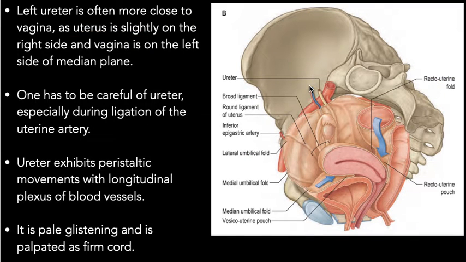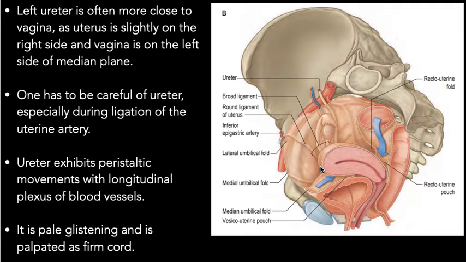The left ureter is more close to the vagina as the uterus is slightly on the right side, it is dextro-rotated, and vagina is on the left side of the median plane. One has to be careful of the ureter, especially during ligation of the uterine artery, because you have seen it is intimately related to the uterine artery.